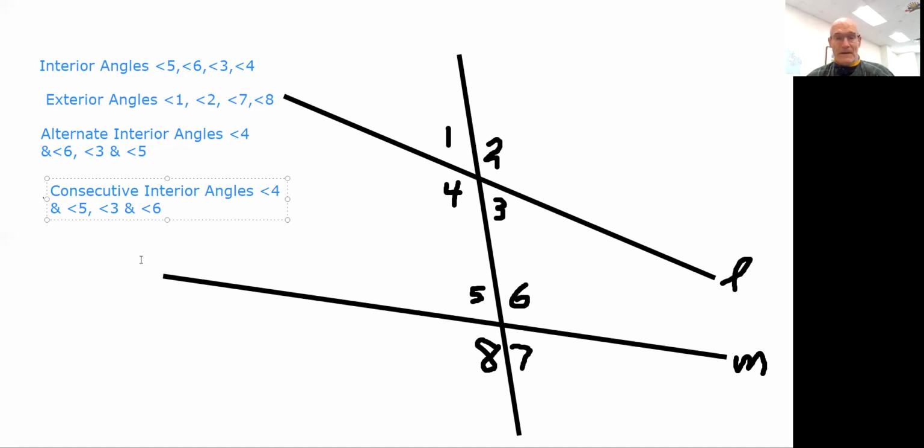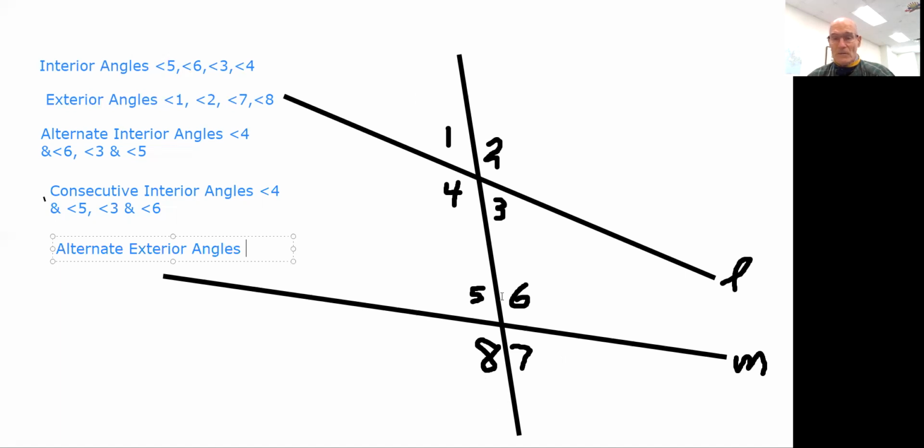And then another group we have, the final group here, is what's called the alternate exterior angles. So these have to be exterior angles, so that means they would have to be 1, 2, 7, or 8. And once again, alternate means they're on the opposite side of the transversal, which is here.